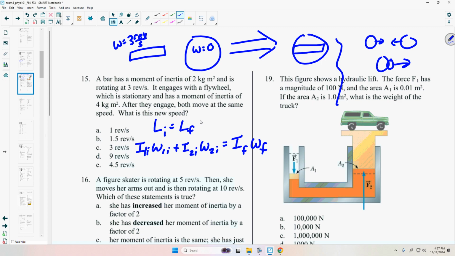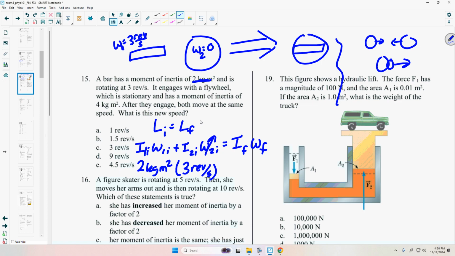Now, this is omega 1, this is omega 2. Initially, I1 is 2 kilogram meters squared. That's the moment of inertia of the bar, times omega 1, which is 3 revolutions per second.